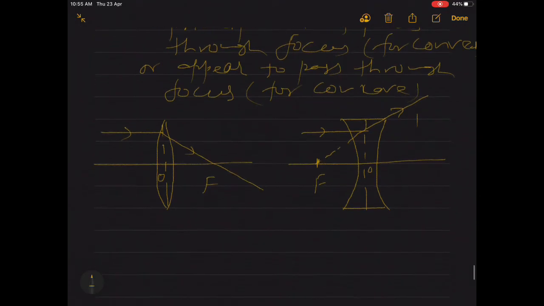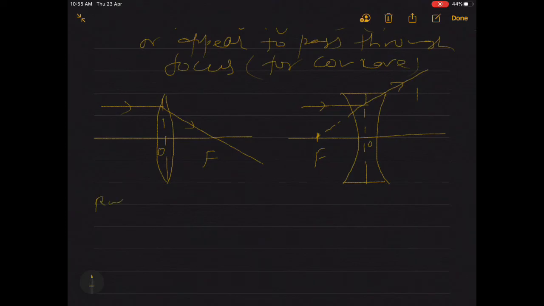The second rule is reversibility. Reversibility means, and this is very important to learn and remember whenever we draw the diagrams of the image formation by the spherical lenses, if you reverse the path of the ray, it means if the ray is passing through the focus in case of convex lens and appears to pass through the focus in case of concave lens, then these rays will become parallel to the principal axis.